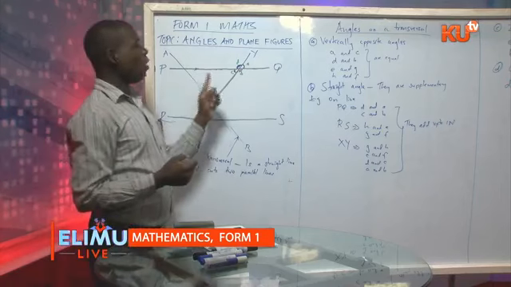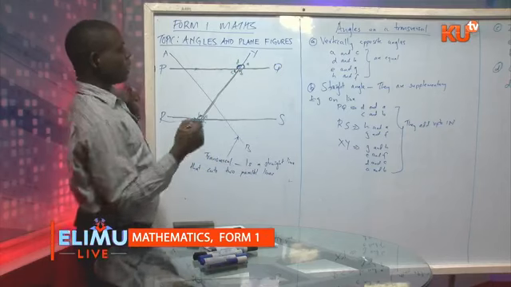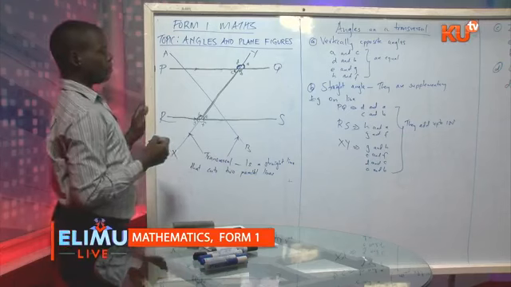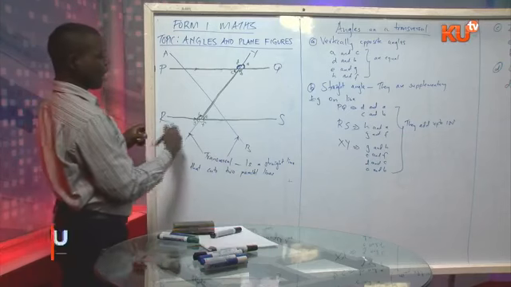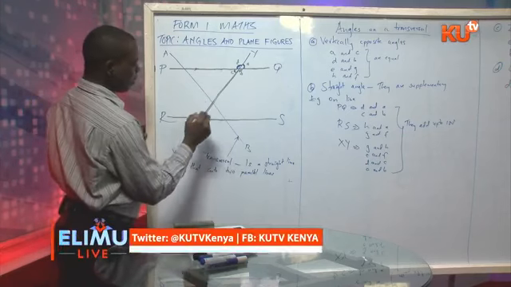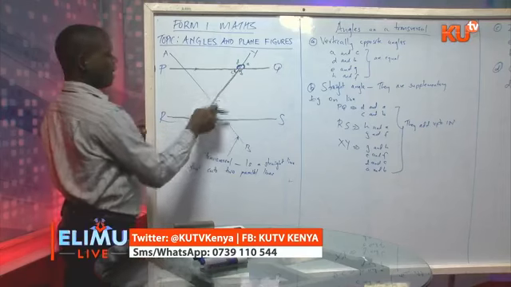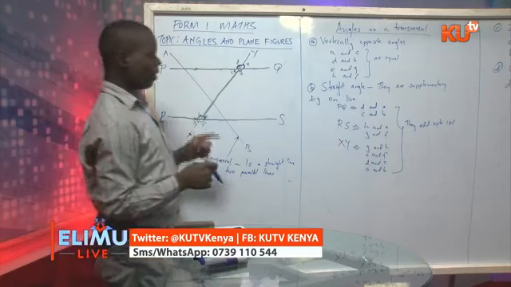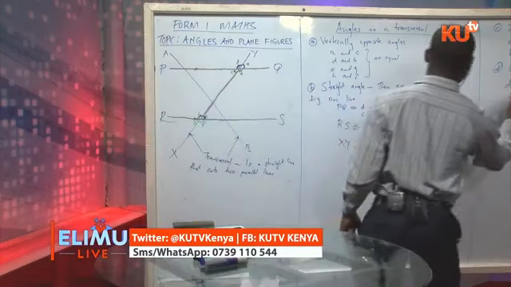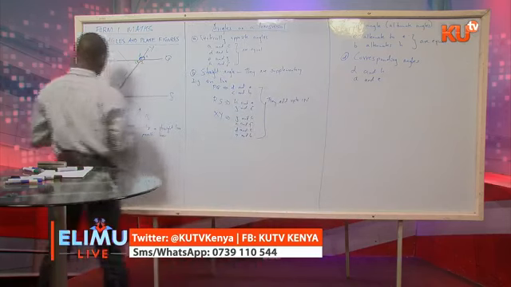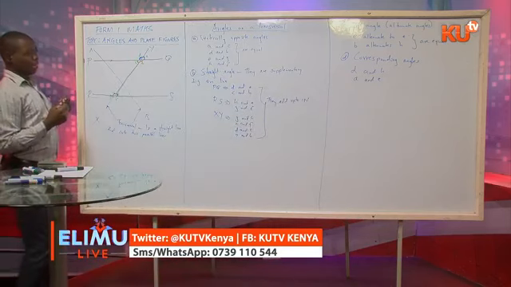Number two, on the right side of the transversal, what's the first angle? Angle A. If you look at line RS, on the same side of the transversal, the angle is E. Therefore, A and E are in the same position, and therefore they correspond. So we have A and E. We go to the next thing.